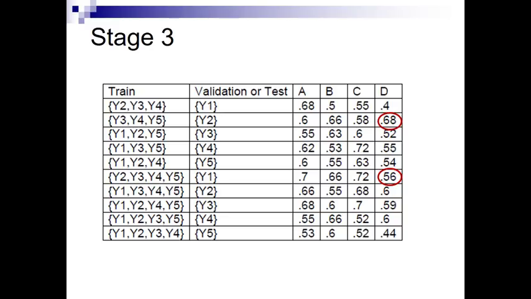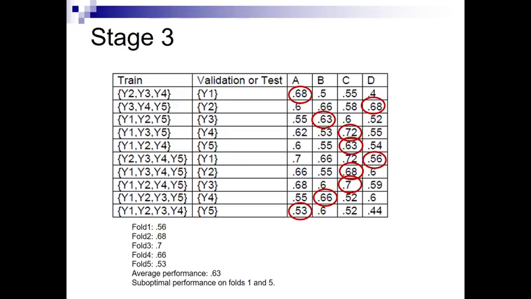So the second row is the one that I'm going to use. Now you can see 0.6, 0.66, 0.58, 0.68. Those are the respective performance values for each setting if I train on the train set and test on Y2. And 0.68 is the one that's bigger. So my inner loop tells me to pick D. So then I'm going to pick D on my outer loop. And so my test set performance on the outer loop for fold 1 will be 0.56.